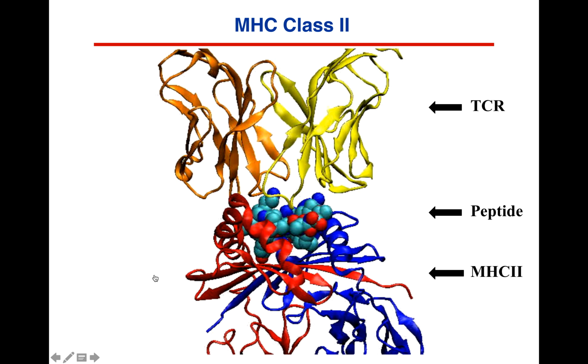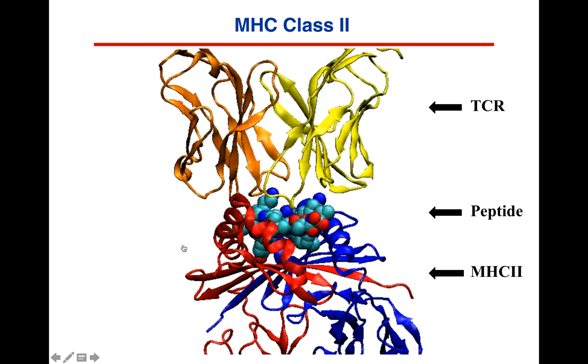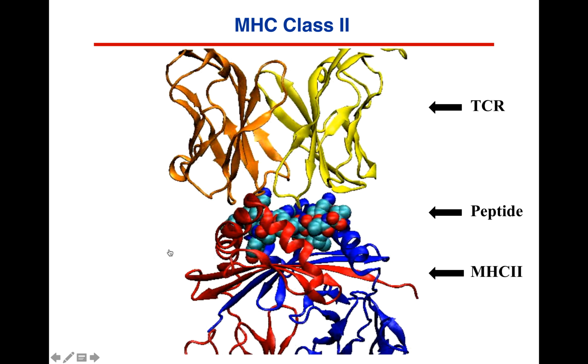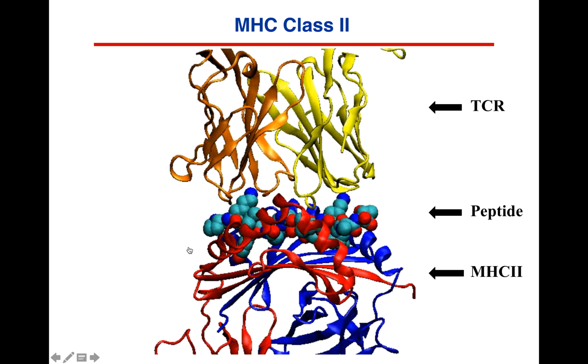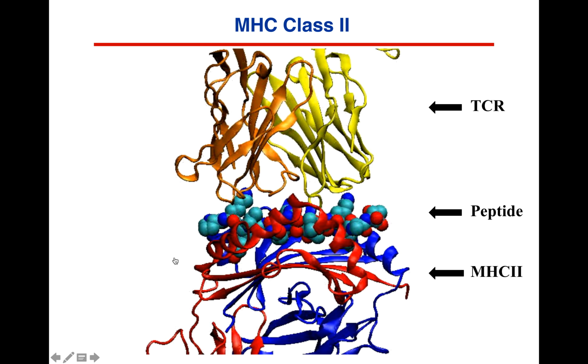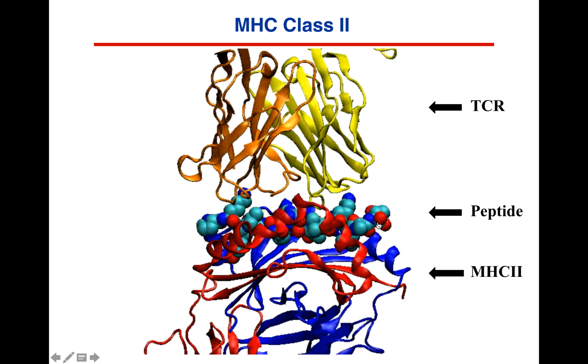Now, if we look at the interaction of the peptide MHC2 with the T cell receptor, again the peptide is bound, and there's a surface exposed part. There's the peptide here in the middle in the MHC2, and it's presenting. That's why it's referred to as antigen presentation. It's presenting this peptide to the T cell receptor.